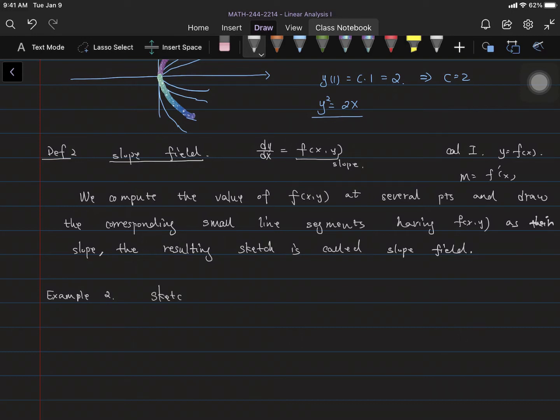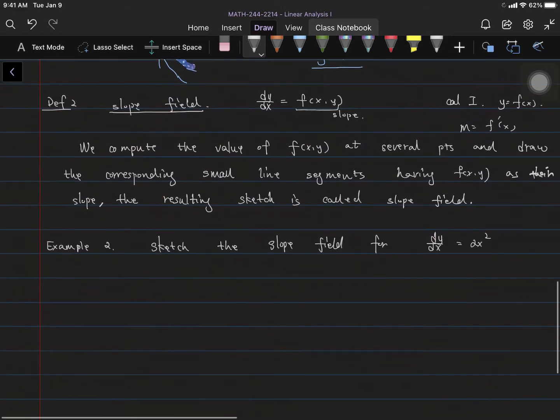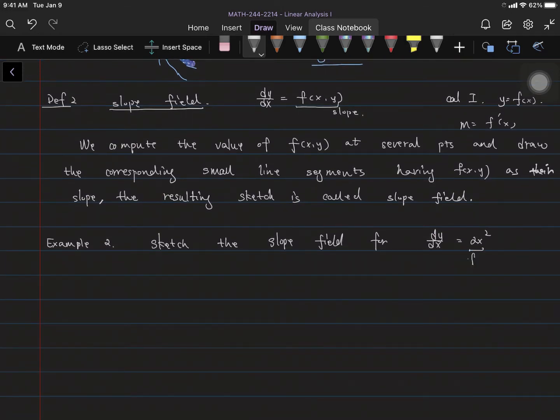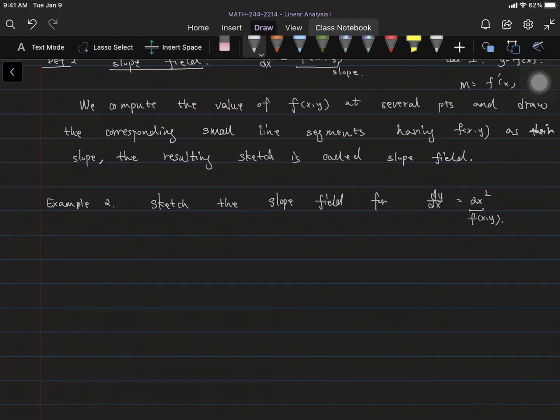Let's see. Sketch the slope field for dy over dx equals 2x squared. So the right side is f(x,y). Firstly, we know for a first order differential equation, the right side is f(x,y).